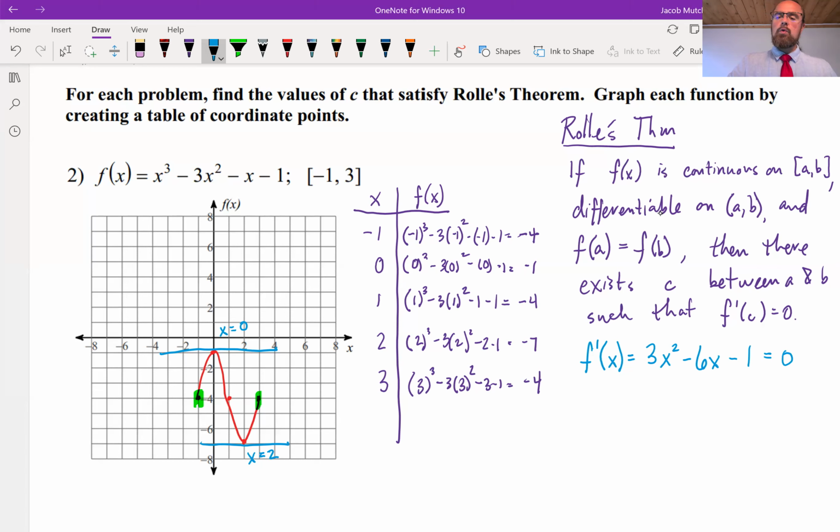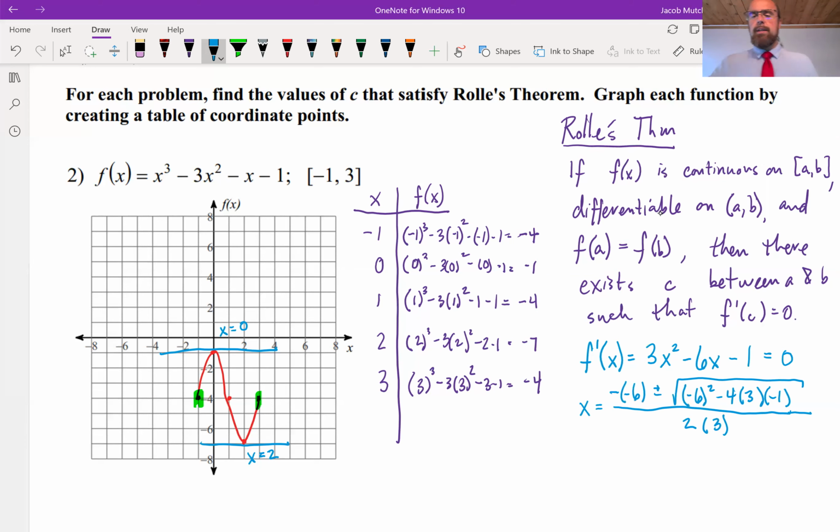So I'm going to use the quadratic formula to solve here. So x equals negative b, so -6 plus or minus the square root of b squared, so -6 squared, minus 4 times a is 3 times c is -1, all over 2 times a, which is 3. So let's reduce that down, see if we can identify these points.